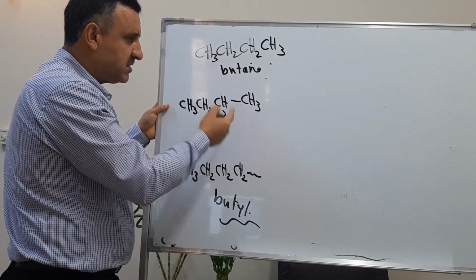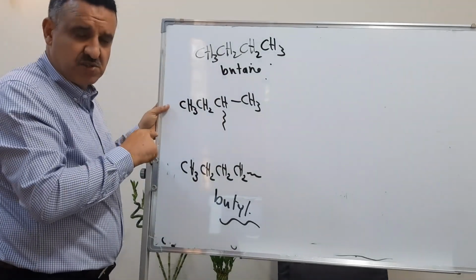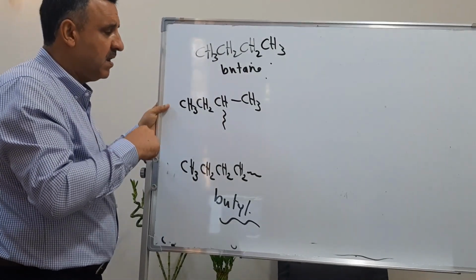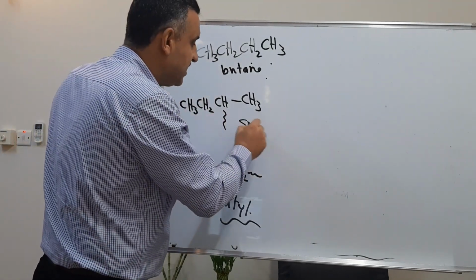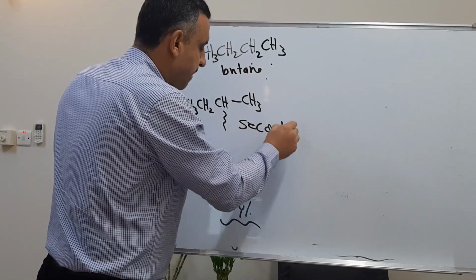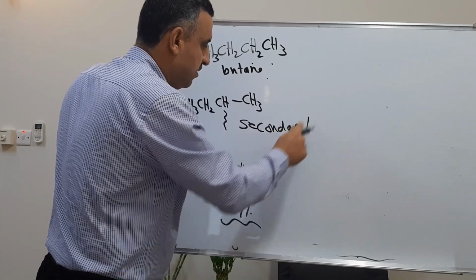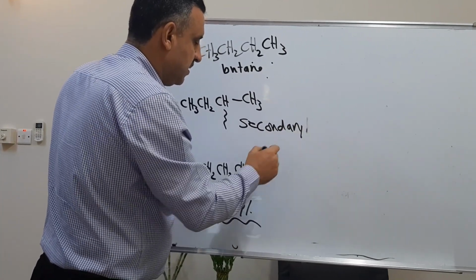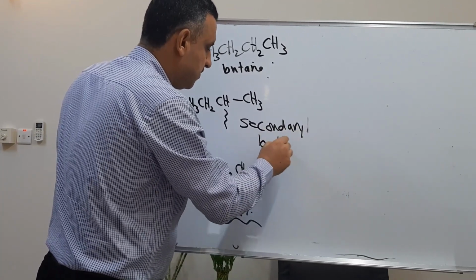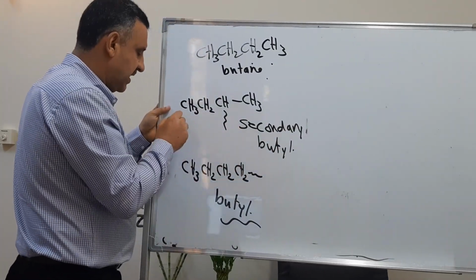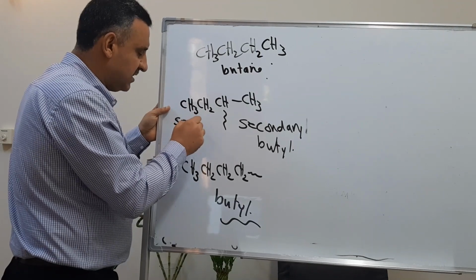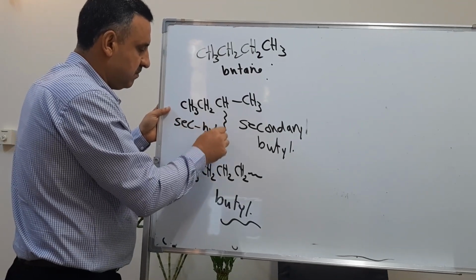Here, similar to isopropyl, but we're not going to call it iso, we'll call it secondary butyl.